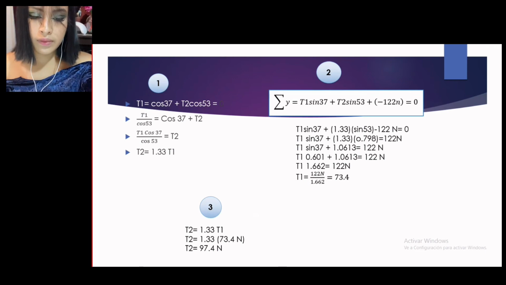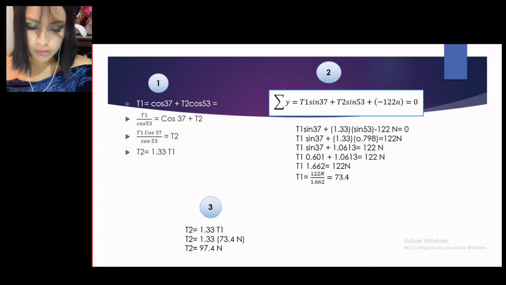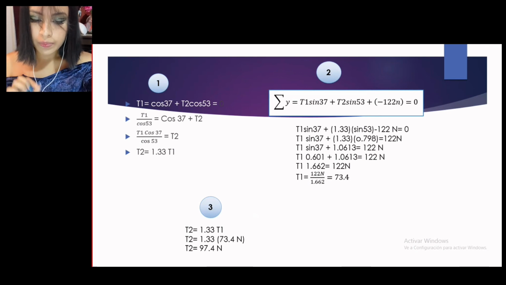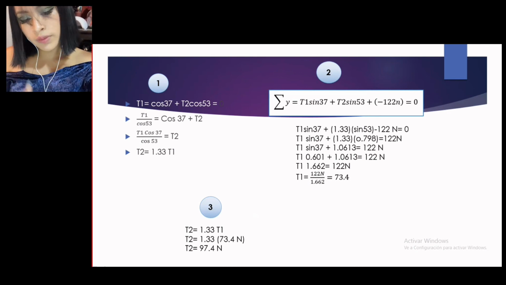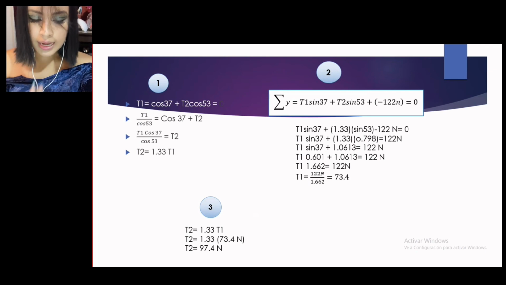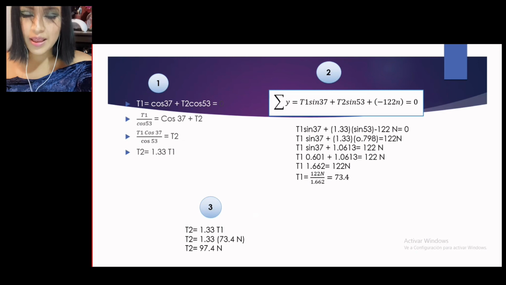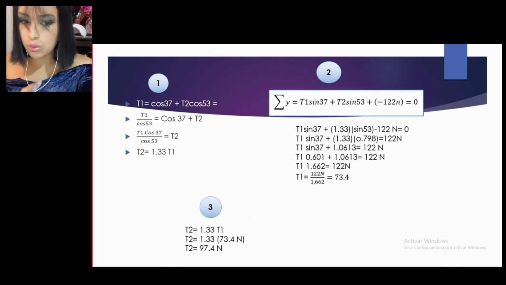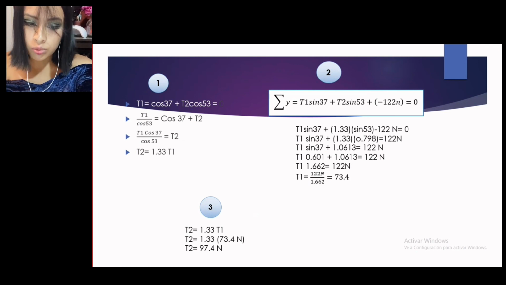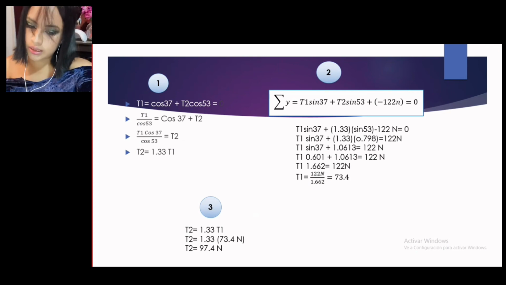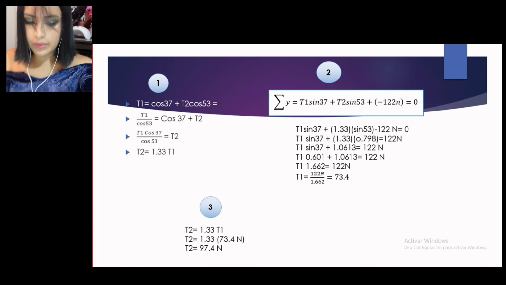So we have 1.33 multiplied by 73.4, and the result of this is 97.4, and that is the result. We have to remember that we didn't know the result in letter T1, so the result is with a multiplication.